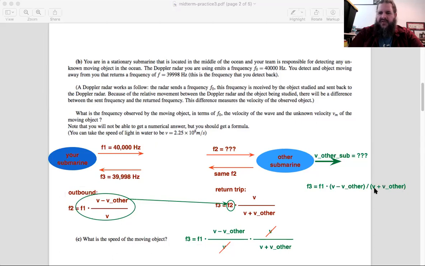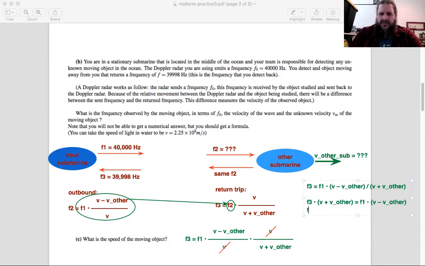Yeah, I would multiply both sides by that entire denominator. Multiply both sides of the equation by V plus V other. So that'll give us F3 times V plus V other equals F1 times V minus V other. That at least gets the variable we're trying to find out of the denominator.